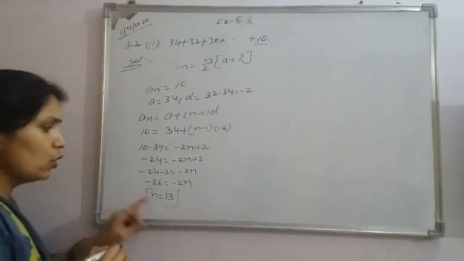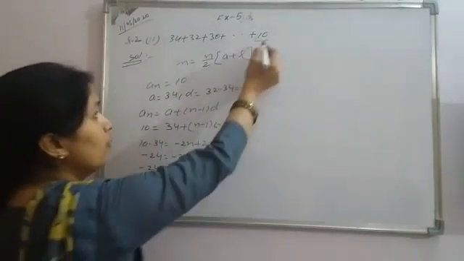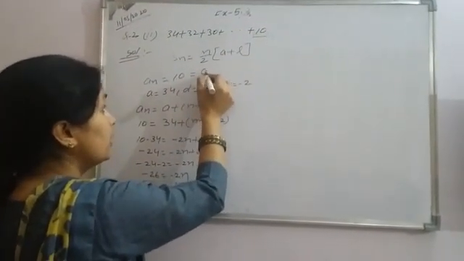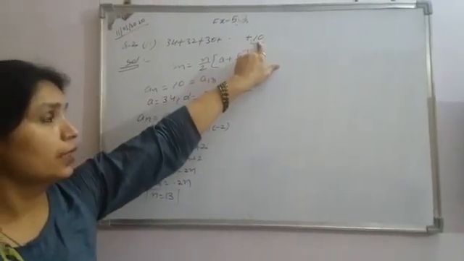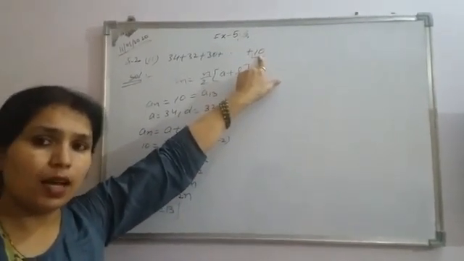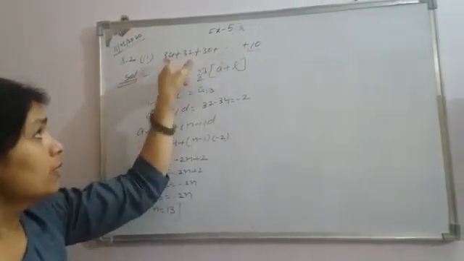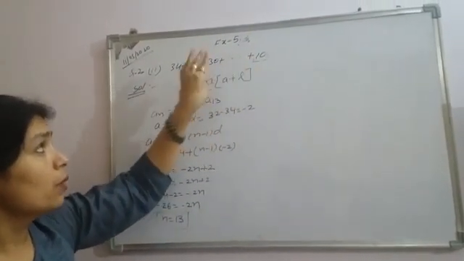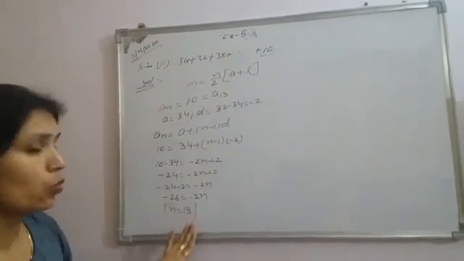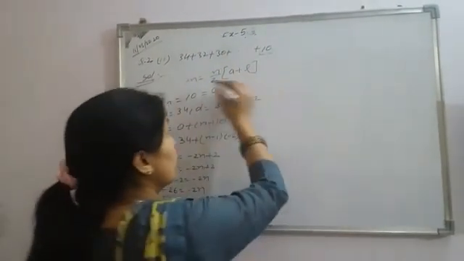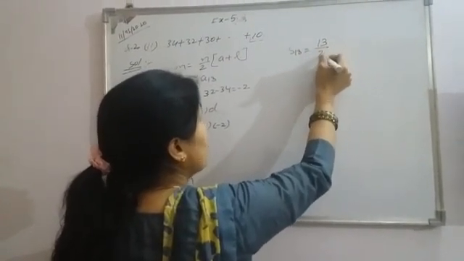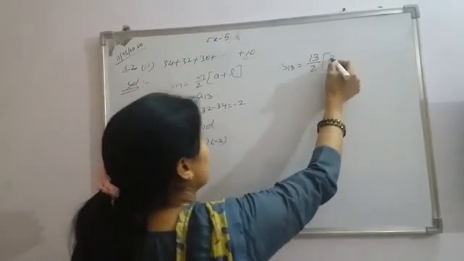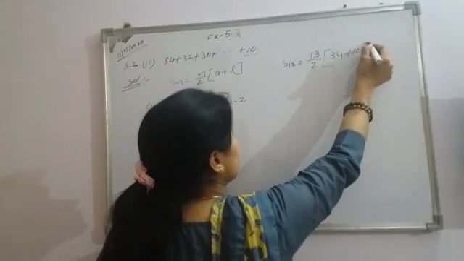So this is the value of n, or we can say that this 10 is the 13th term of this AP. If this is the 13th term and we know that this is our last term, can we say that in these numbers, the total number of terms is equal to 13? So the formula is S13 is equal to 13 by 2, into first term 34 plus last term 10.